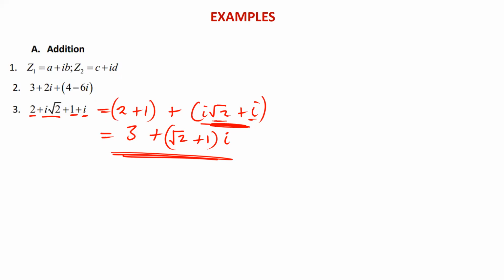Yes, sir. So we can't leave it like i root 2 plus i? It can't be left like that unless it's simplified the way you've left it. You can also leave it like this, but it depends on the marker. Some of them might deduct some marks. This is just the same as leaving a fraction in an improper form.